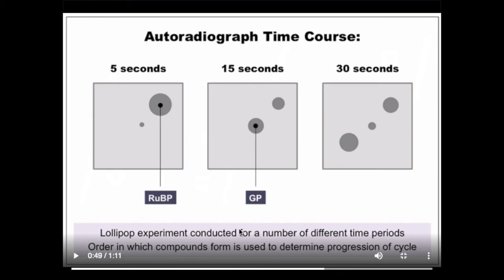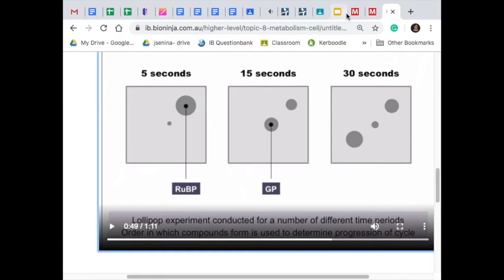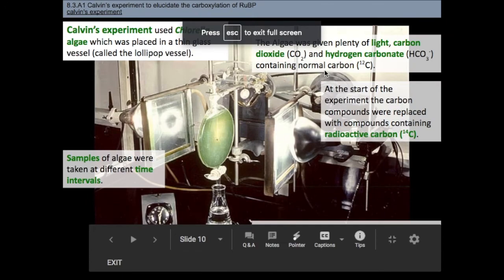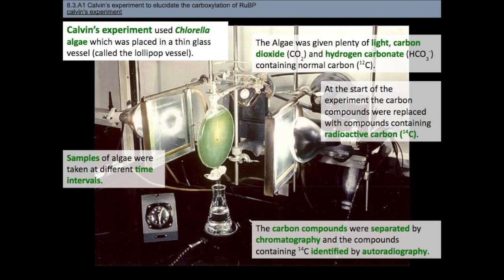Okay, do we understand that? So this was his experiment. That's the algae, they have a source of light, and then you get samples every 5 seconds, 10 seconds, 30 seconds, and then you look at the carbon molecule that is present.